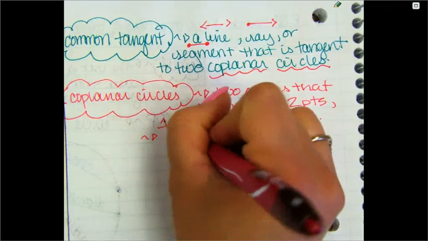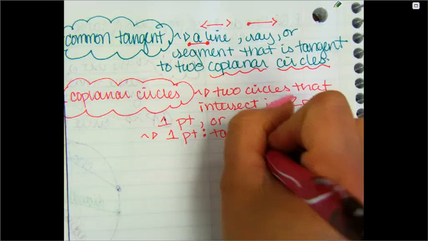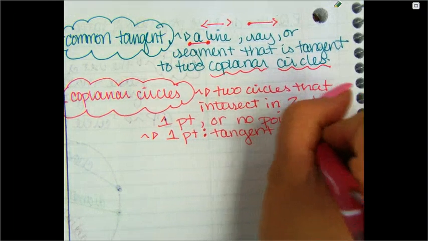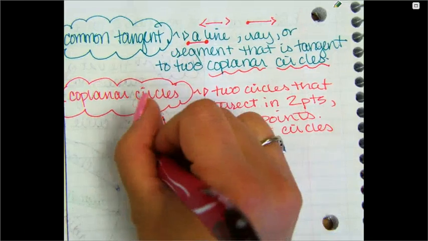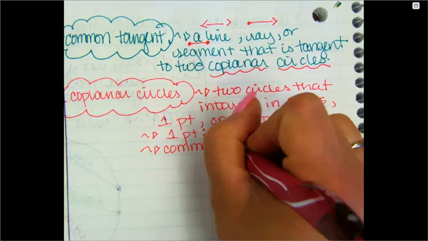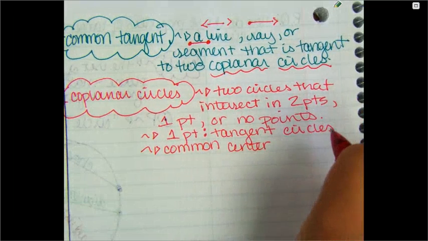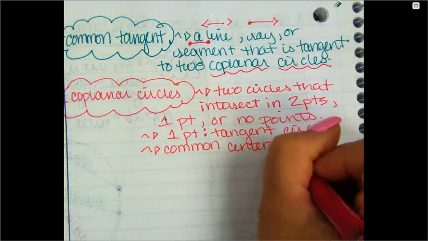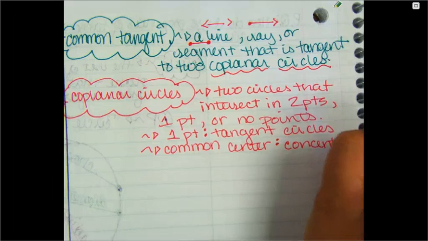If it's only a 1 point intersection, it's called tangent circles. If they have a common center, so in other words, do you think the circles even touch? No, they're not going to. They're called concentric circles.